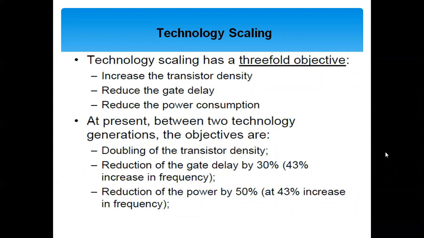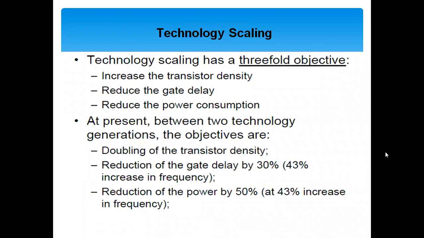And the third objective is to reduce the power consumption. So the threefold objectives of technology scaling are: first, increase the transistor density; second, reduce the gate delay; and third, reduce the power consumption.